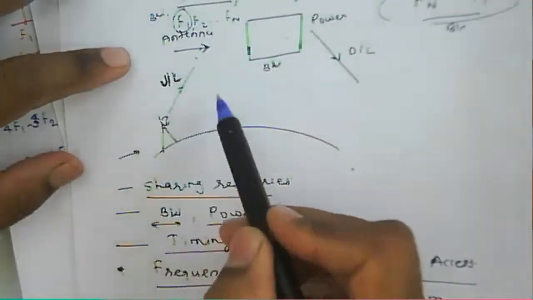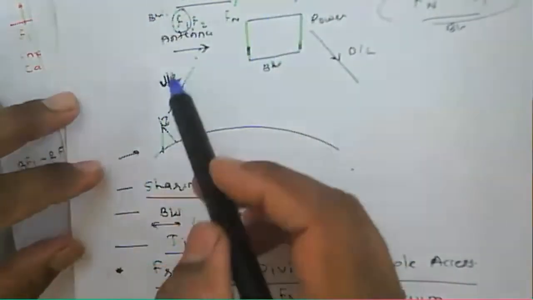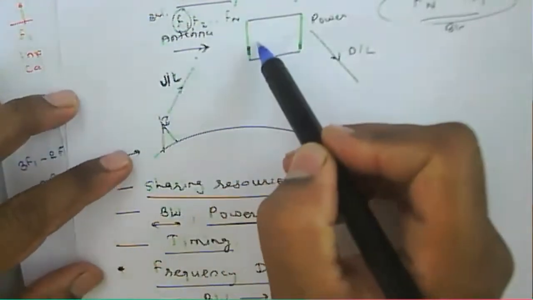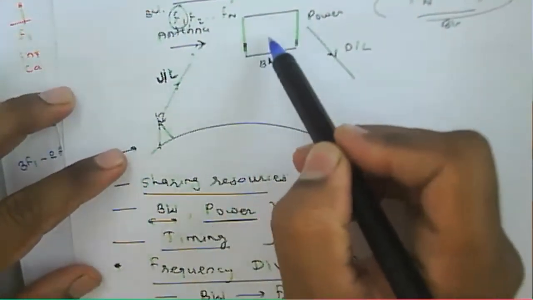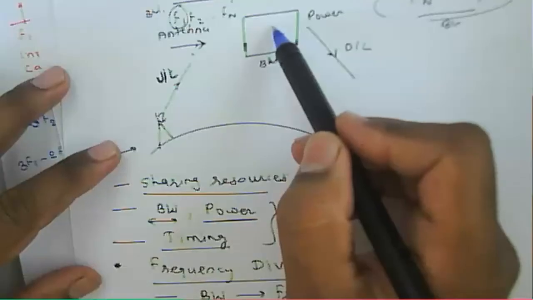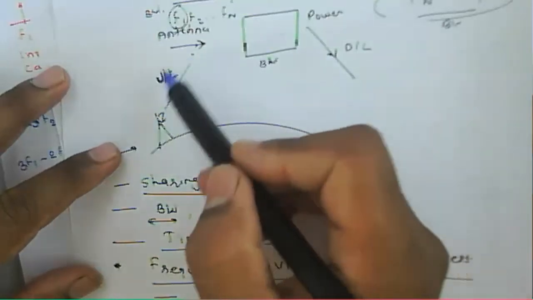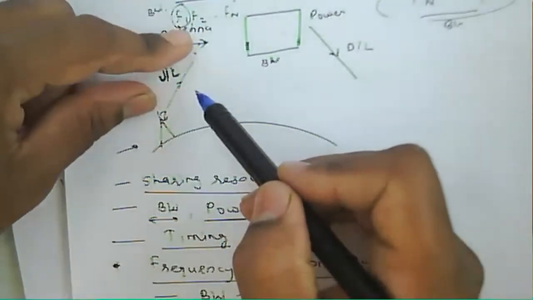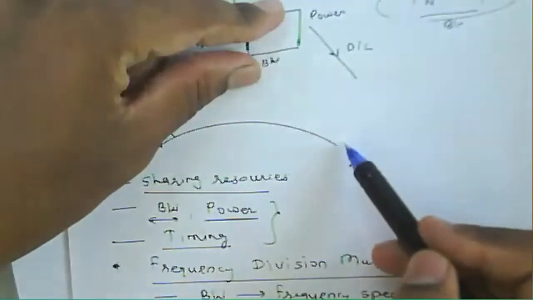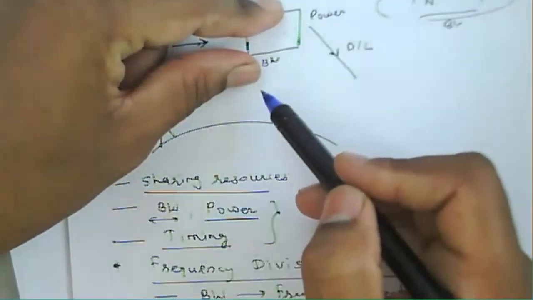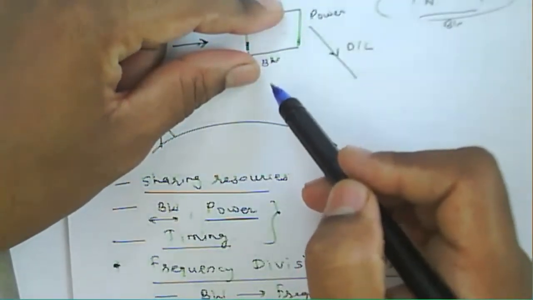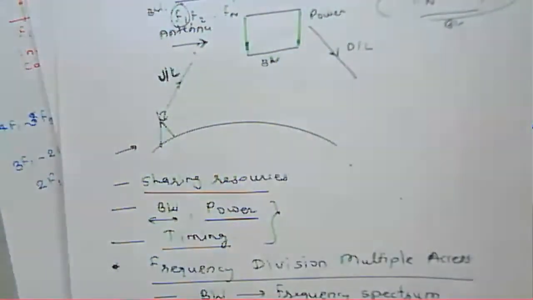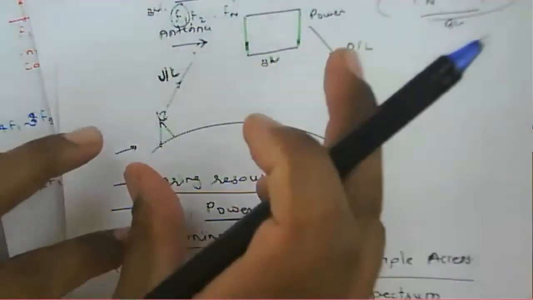So we can calculate how much power is required from the earth station to the transponder when we transmit, or from the transponder to the earth station, and that will give us whatever the limitations there.